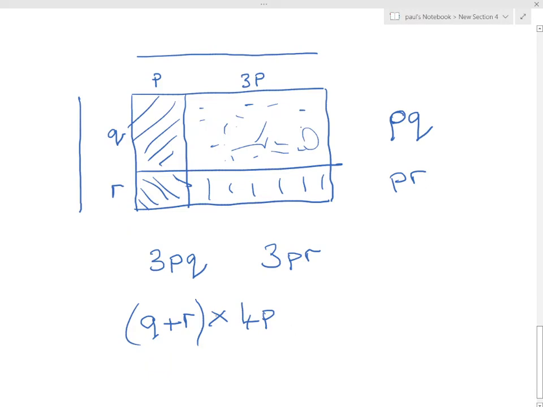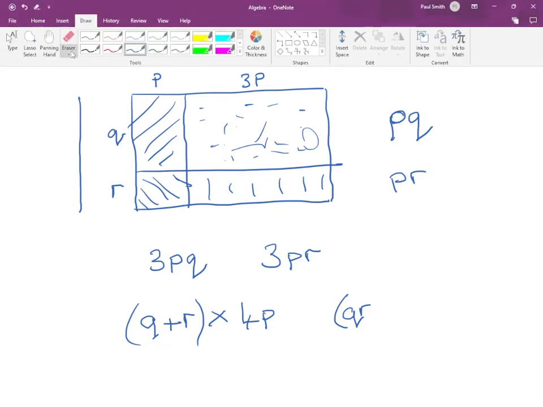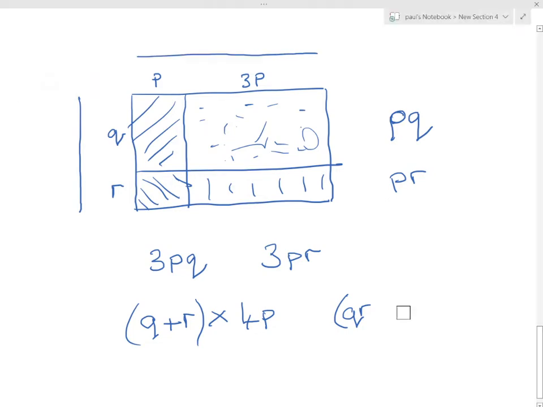So we could lose that multiplication sign and just put Q plus R, 4p. Now we're going to look at expanding brackets in a minute.